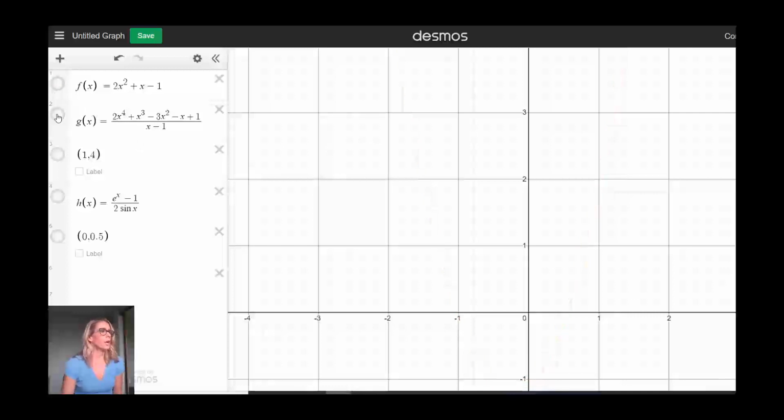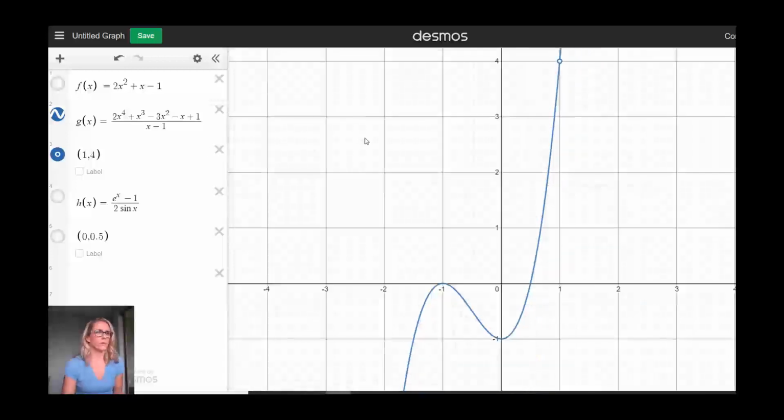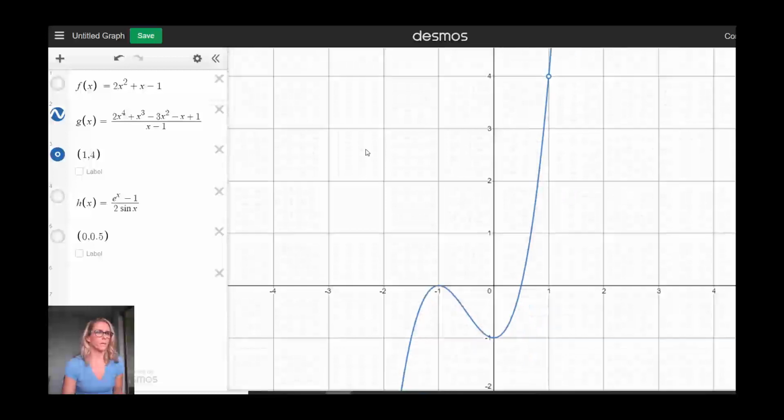Now for the second one, we had a 4th degree polynomial divided by a binomial of degree 1, and in that case we have a function that looks like this. What I want you to notice is this looks pretty smooth and continuous, except there is a hole.